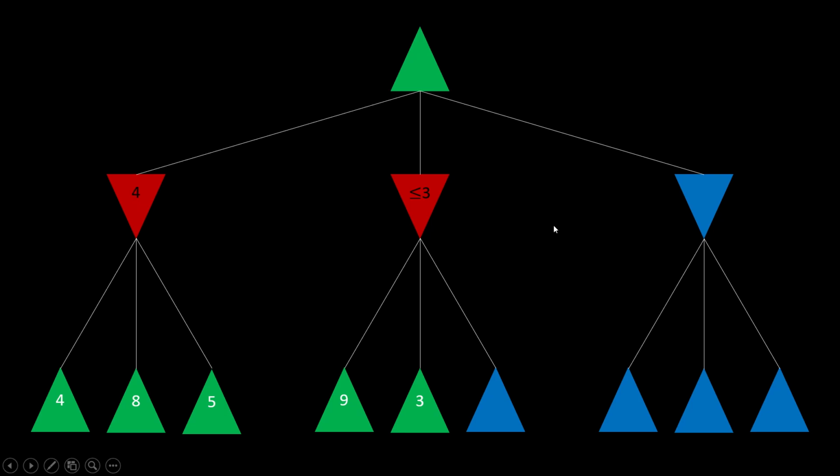I have no reason to look at this, because I have 3 here, so it's already a worse decision. And this becomes even more apparent with the next node. As it starts with 2, then I do not need to look more at this particular branch.